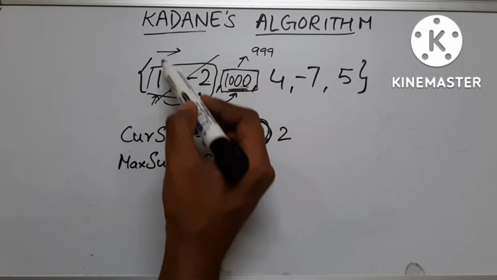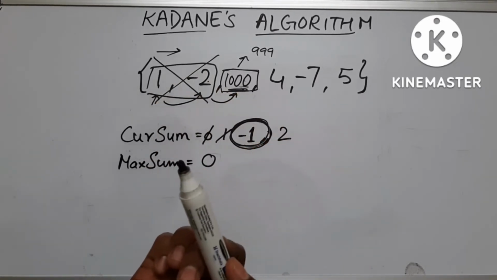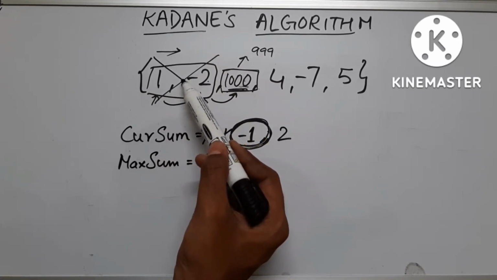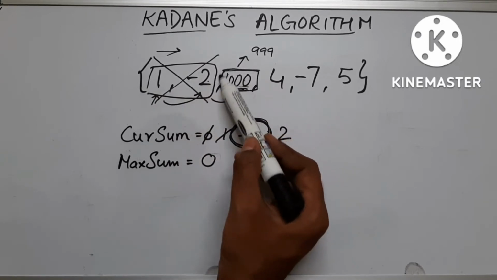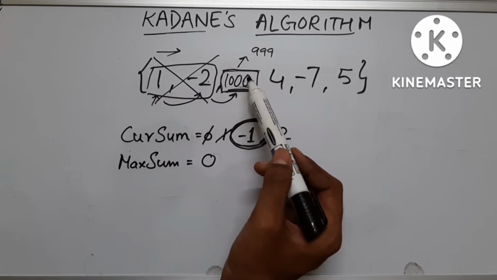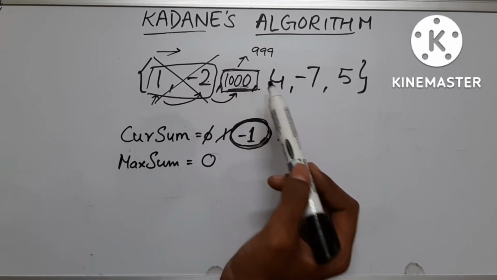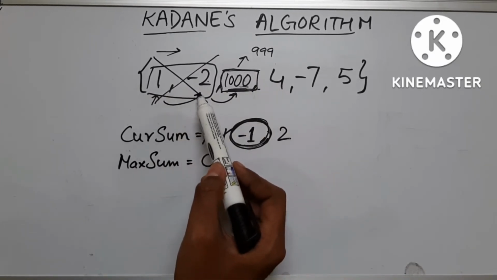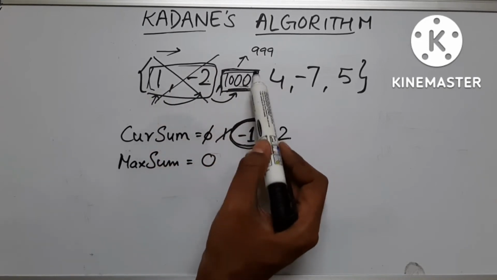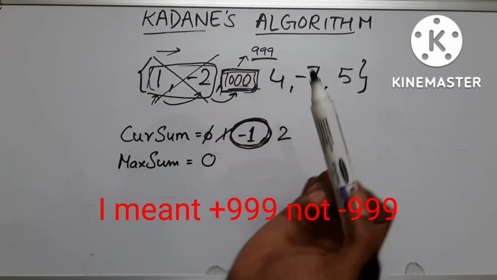This entire subarray we are going to discard, because it has a total value which is negative, and because of this negative value, all the values which are coming next will become lesser than their actual value. As you can see here, it was minus 1. Because of this minus 1, this is going to become minus 999.